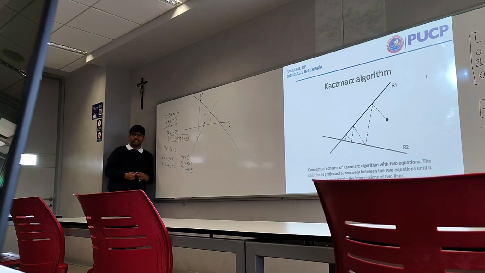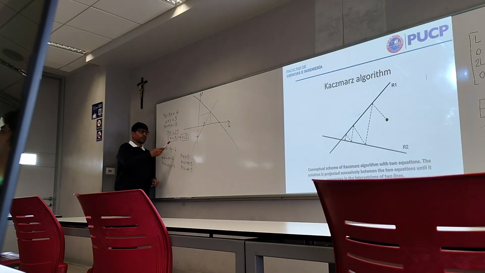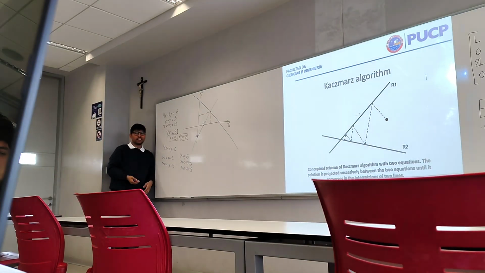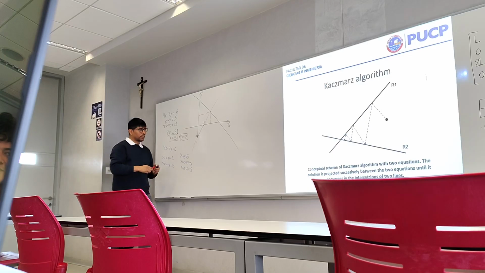Why? It is not clear to you that the intersection should be the solution that we just found? Okay, if it's not clear, review your material from the previous course about equations of lines. Of course, it should be 3, 2, right?